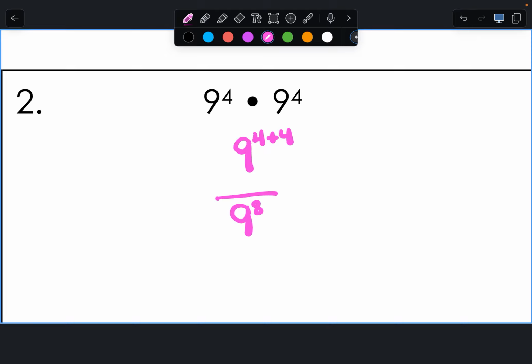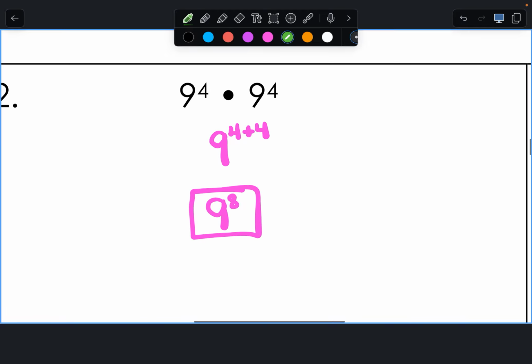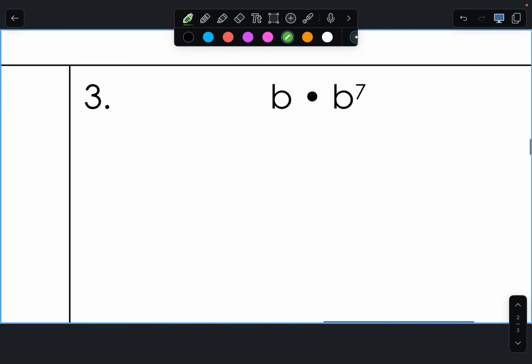You're still going to add the exponents. When I'm talking about coefficients, let's say we have 2x cubed, this 2 is a coefficient.